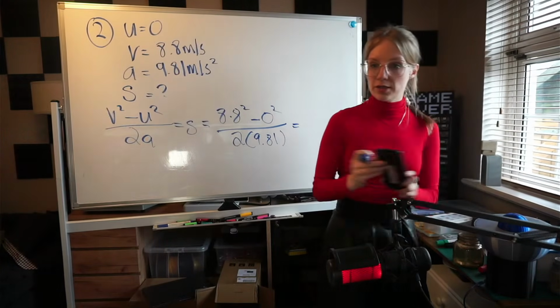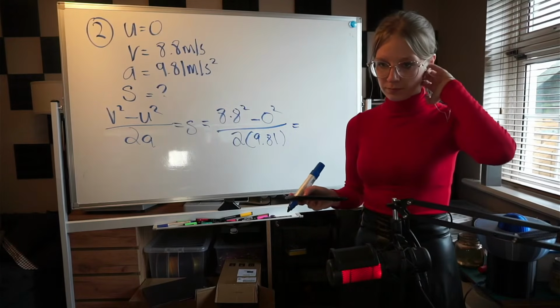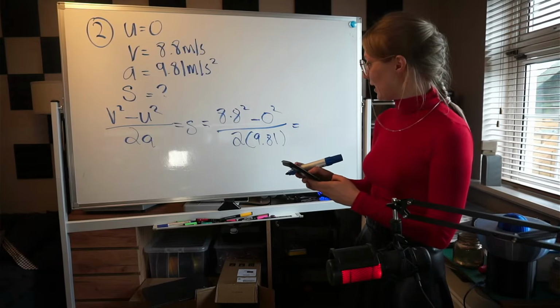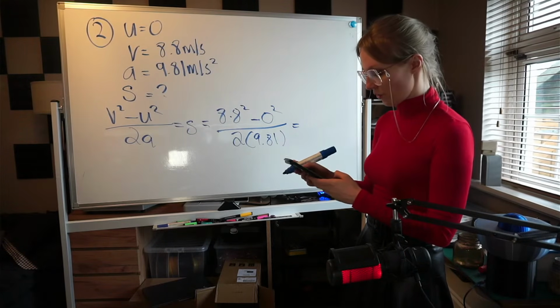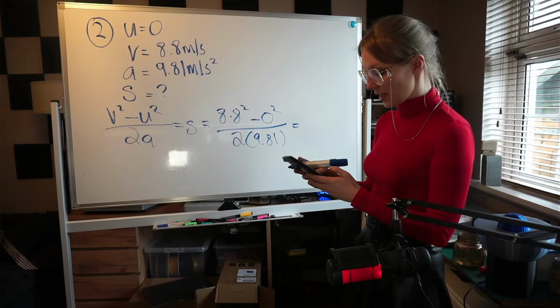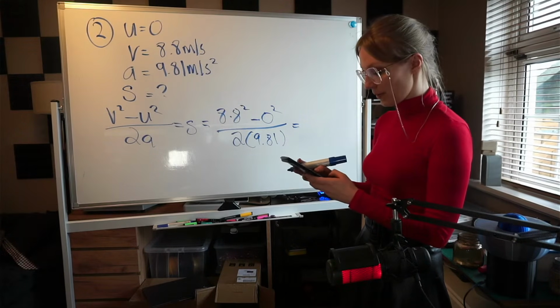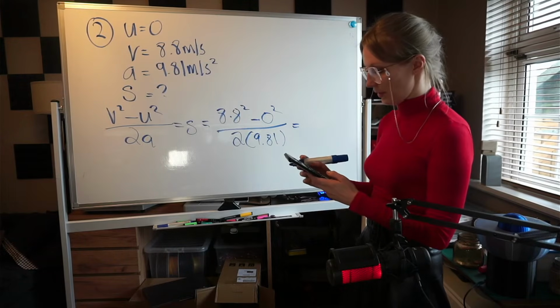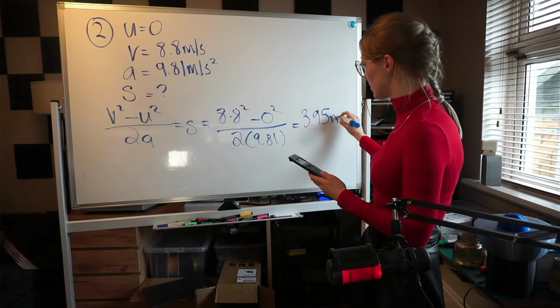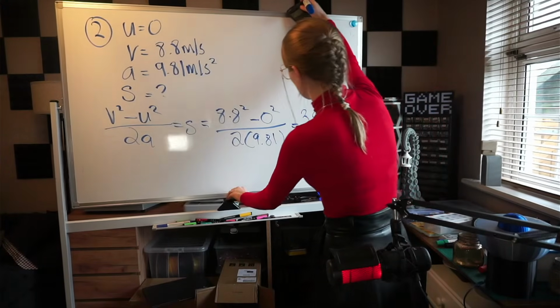We'll just put that all in our calculator. 8.8 squared divided by 9.81 multiplied by 2. Go. 3.95 meters. Okay, so very interesting.